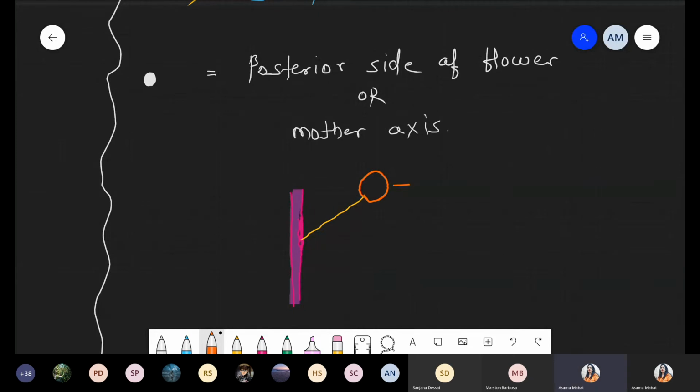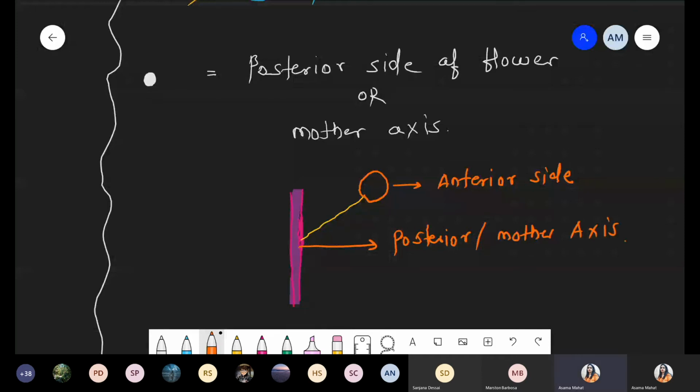This side of the flower is called the anterior side. And the base side, from where it originated, is called the posterior, or simply the mother axis.